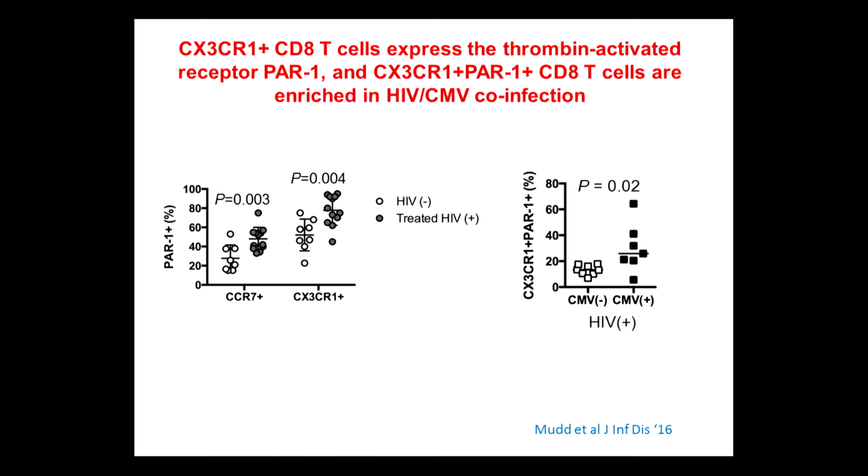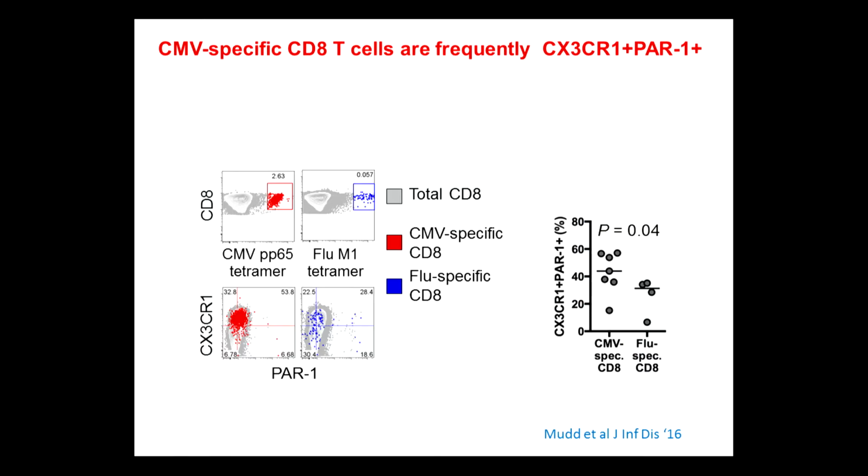What about the CMV-specific CD8 T cells? Here we have exposed CD8 circulating blood cells to tetramers that recognize CMV peptides or influenza peptides. You can see that the CMV reactive cells, the cells that recognize this particular CMV peptide, have a high frequency of cells that are CX3CR1 and also PAR-1. They are enriched for expression of both, more so than are the influenza cells.